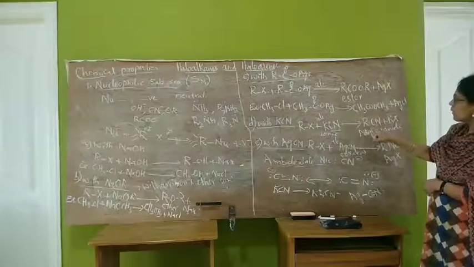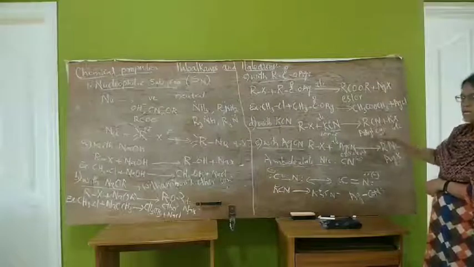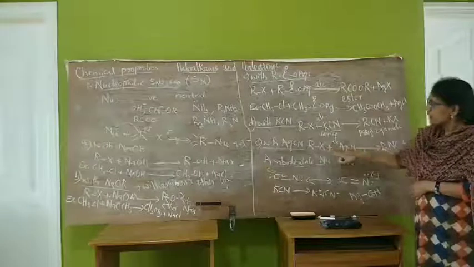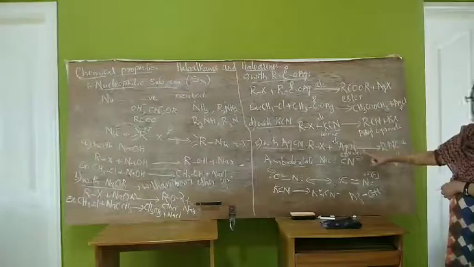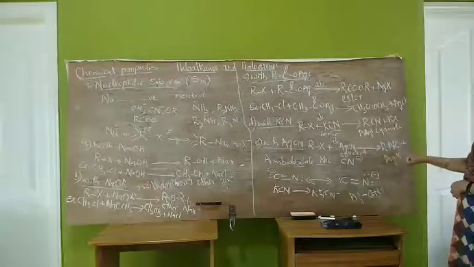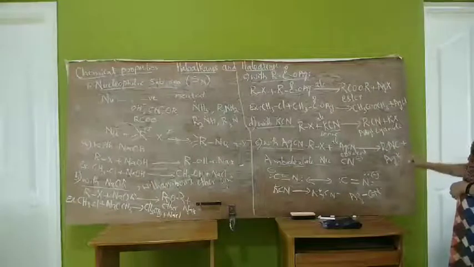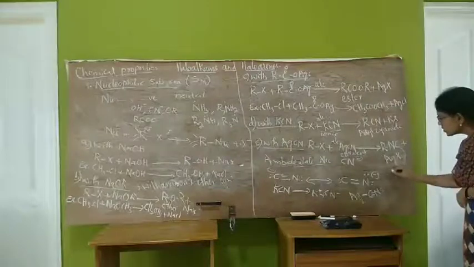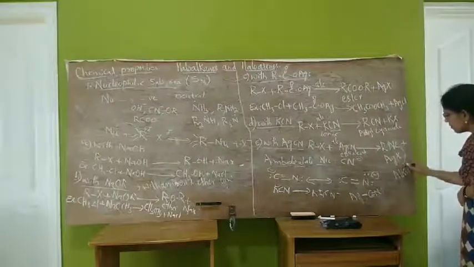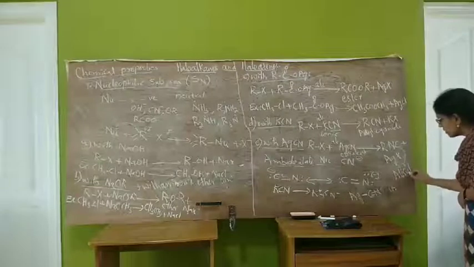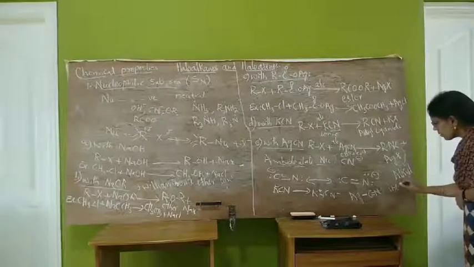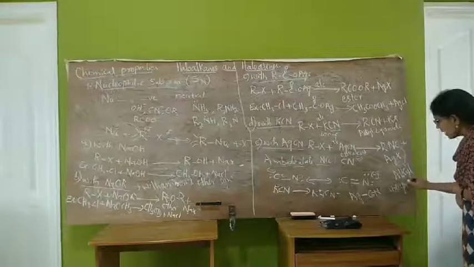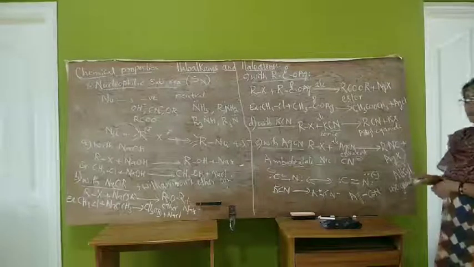But when alkyl halides are heated with alcoholic silver cyanide solution, alkyl isocyanide is formed as the major product.